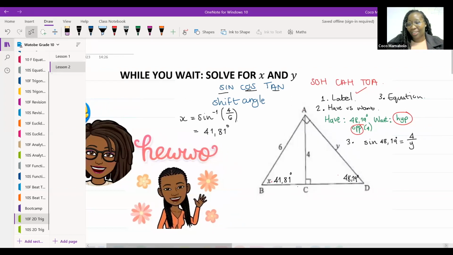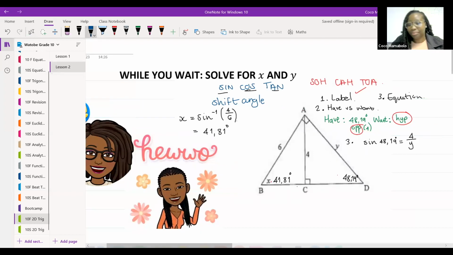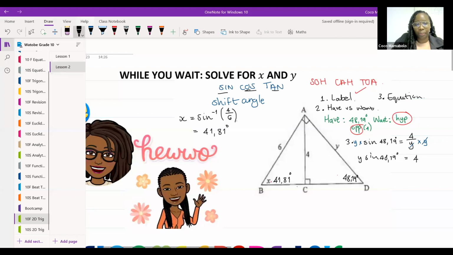Okay, so let's see, we're going to multiply both sides by Y. Good, multiply by Y, and then we'll have Y sine of 48.19 is equal to 4. Next thing, we're going to divide both sides by sine 48.19.